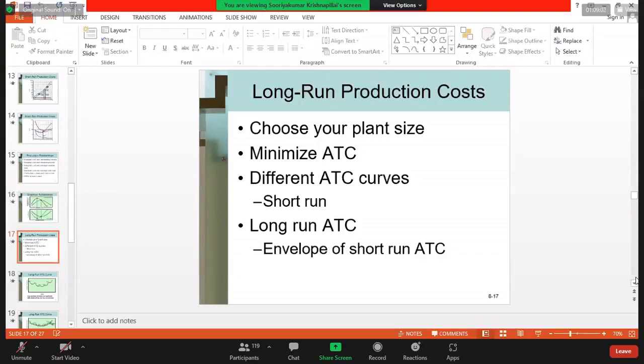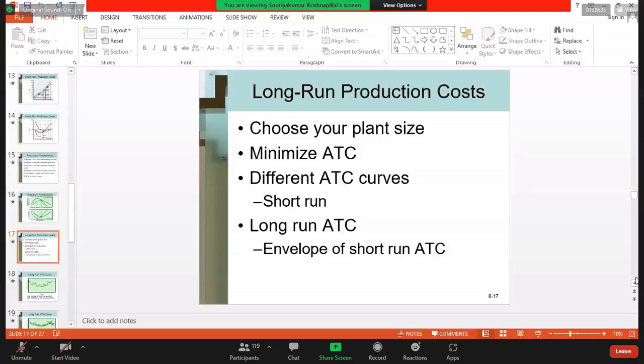So to produce 100 units, 2 machinery lets you produce at the lowest cost compared with using 10 machinery. To produce 200 units, sometimes using 2 machinery will give a high average cost. If you use 4 machinery, you can produce at the lowest cost.